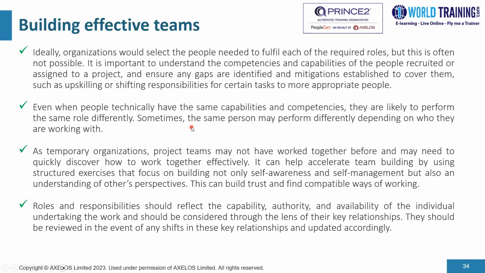Now, even when people technically have the same capability and competencies, they are likely to perform the same role differently. Sometimes the same person may perform differently depending on who they are working with.